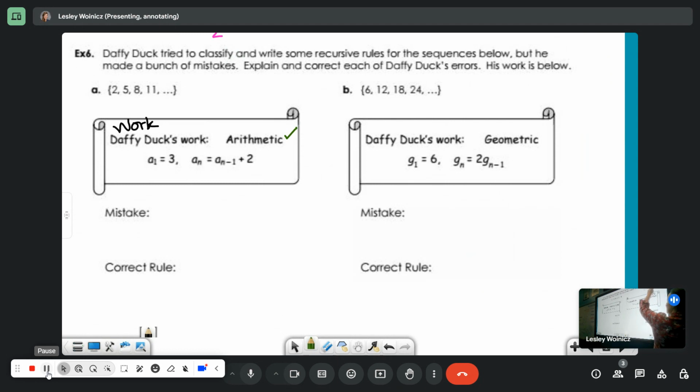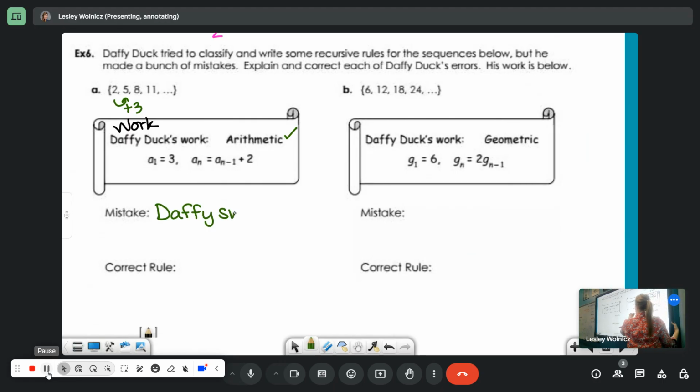What is it starting at? So the first term isn't 3, it's 2. What's happening every time? It's going up by 3. What does he say it's adding? 2.